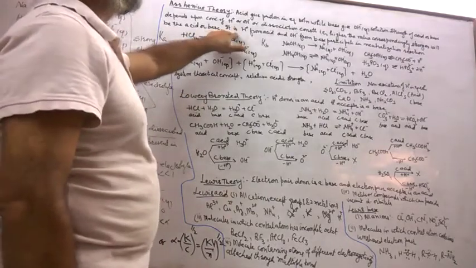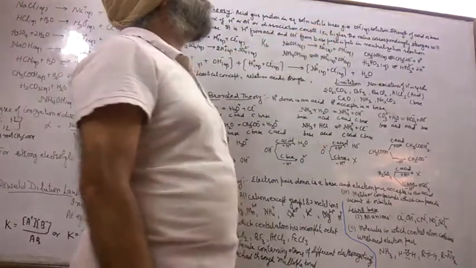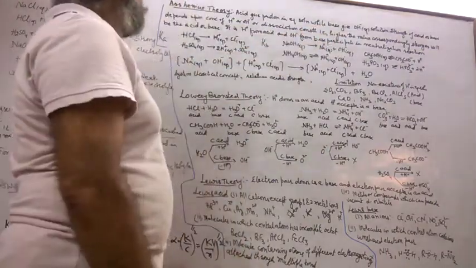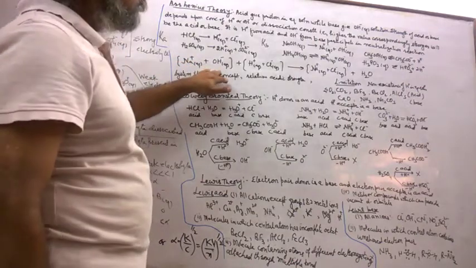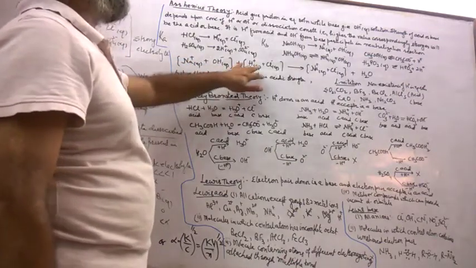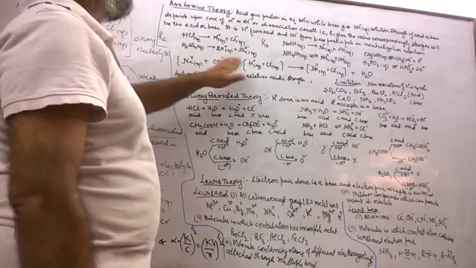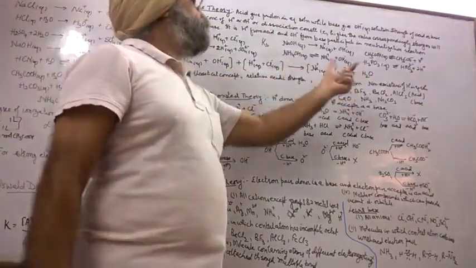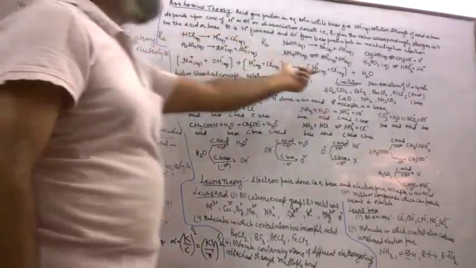Now, it is stated that H positive from acid and OH negative from base participate in the neutralization reaction. NaOH dissociates into Na positive and OH negative. HCl gives H positive and Cl negative. NaOH plus HCl gives NaCl in water, and we know that NaCl in aqueous solution gives Na positive, so this reaction is in water.